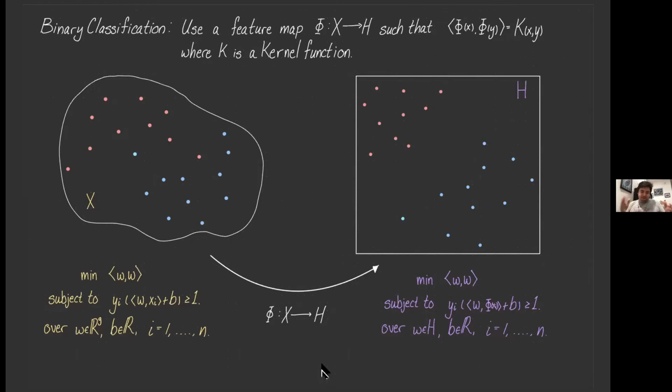And so your immediate question should be, what is this feature map thing? The upshot is that we don't actually care what it is. This is really just a theoretical crutch in some sense, right?